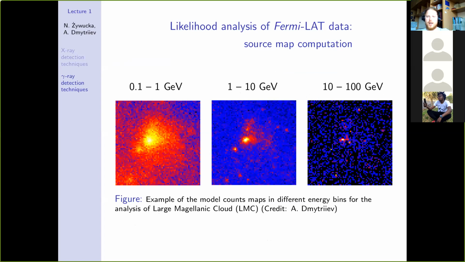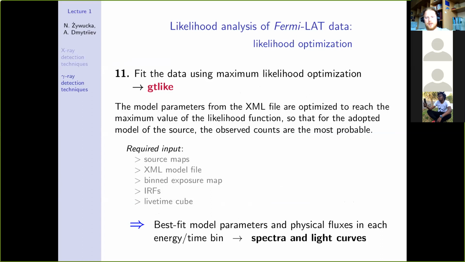You can see it's pretty similar, but the likelihood optimization will tell us the exact parameters. This is the model prediction for the observation, and the likelihood optimization will tune the parameters to match the data better. This is one of the final slides.